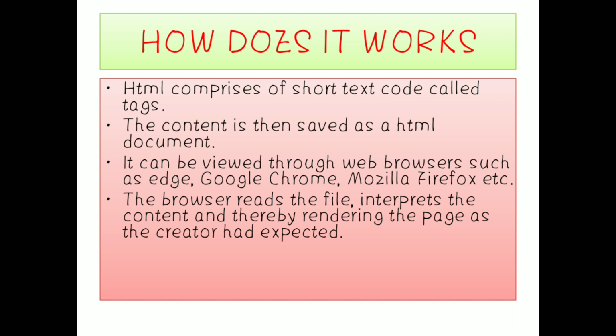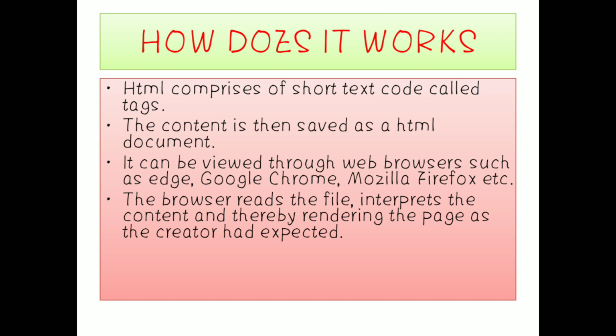That means the file has the extension .html. Whatever code has been written, its output is shown through web browsers, for example Google Chrome, Edge, Mozilla Firefox, etc. There are different web browsers through which we can see the outputs.